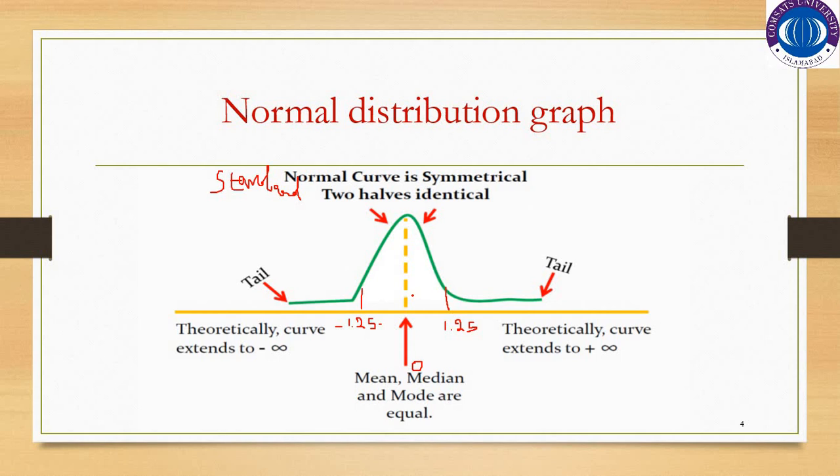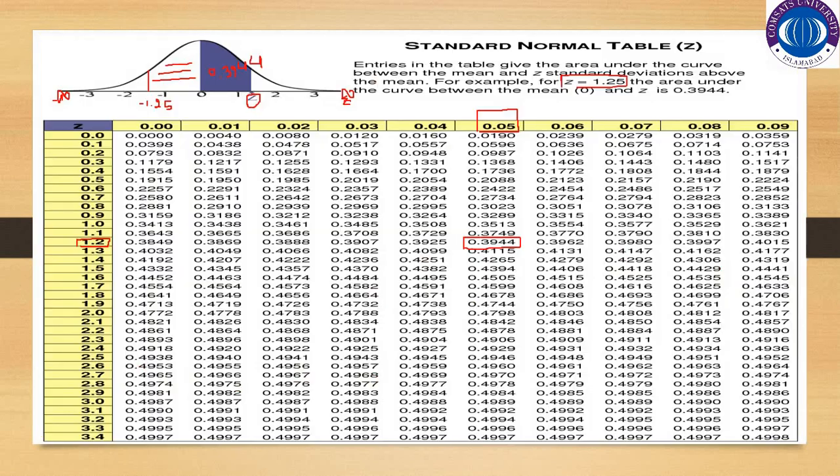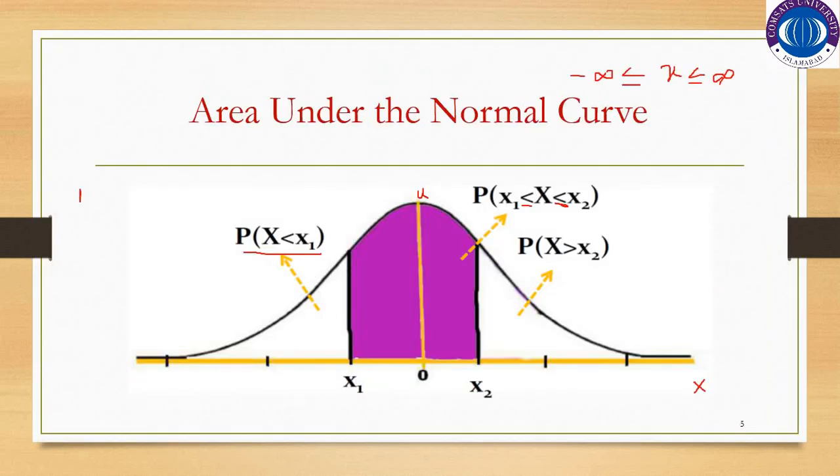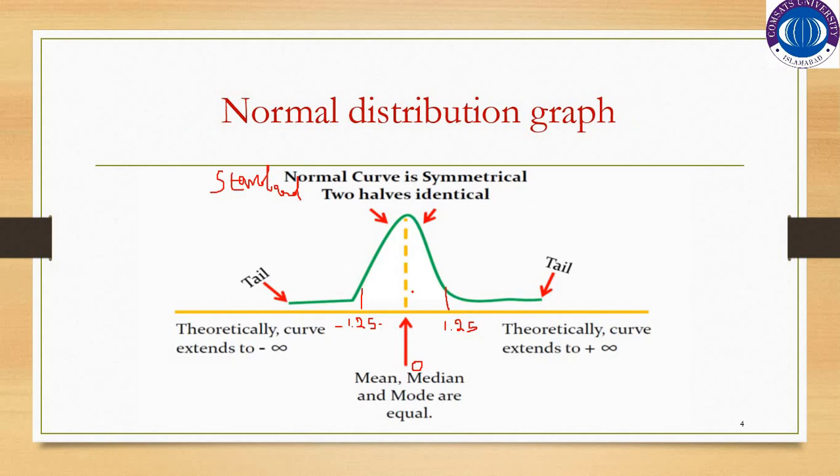As you know from the table, the area between 0 and 1.25 is 0.3944. This area is 0.3944. As this side is identical to this side, this one is 1.25 and this one is minus 1.25.